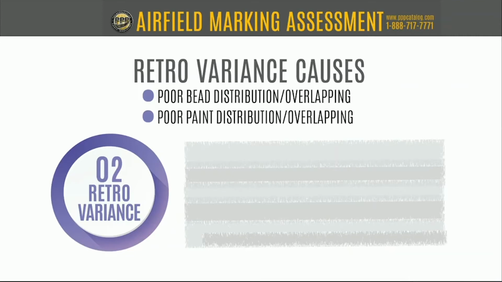The last thing I'll say about this, irrespective of how wide you're painting or how many guns, is that it really all comes back down to quality control. Somebody has to be monitoring the material distribution. I don't know how many times I've trained or coached an inspector, and they said, hey, we did the calibration and everything was good, and then we went out at night and it looked all streaky.